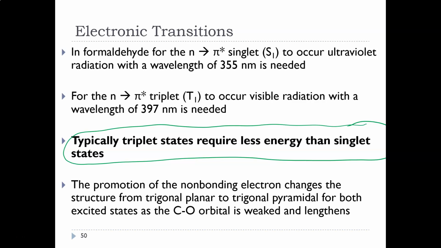When this occurs, one of the non-bonding electrons moves to a different location. The formaldehyde molecule is trigonal planar at the beginning, in its ground state. Then when that electron moves from the non-bonding orbital to the pi star, we gave it another electron domain. So it went from 3 electron domains to 4 electron domains.